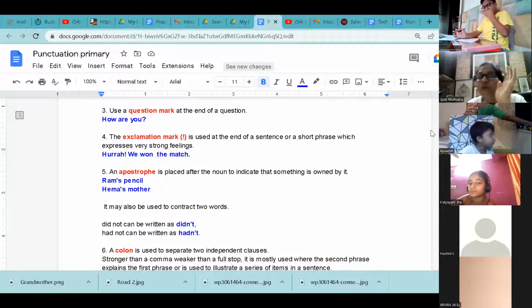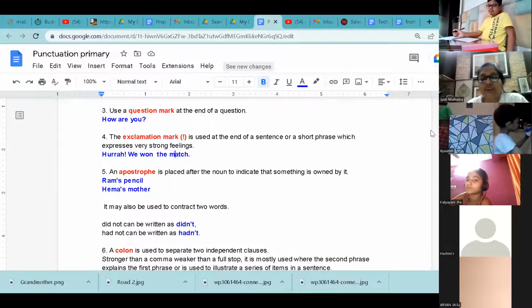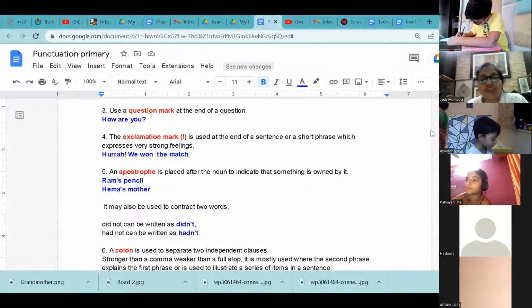How many of you know what contractions are? Children, quick answers. I want quick answers. Does anybody know what a contraction is? All right, let me explain this to you. A contraction is a short form. This short form is formed by pronoun and verb combinations.